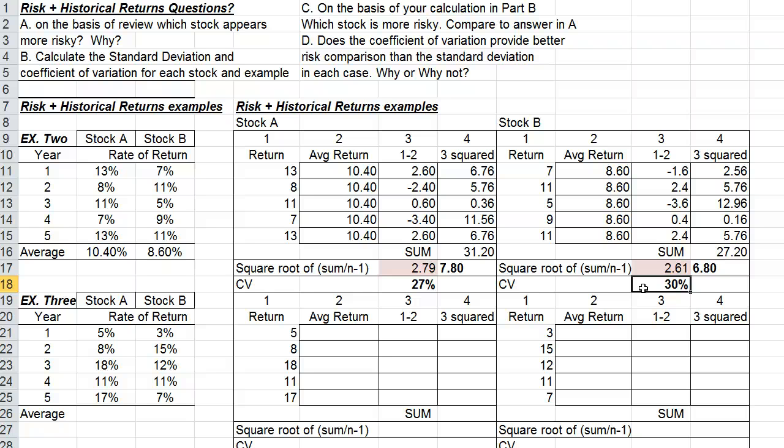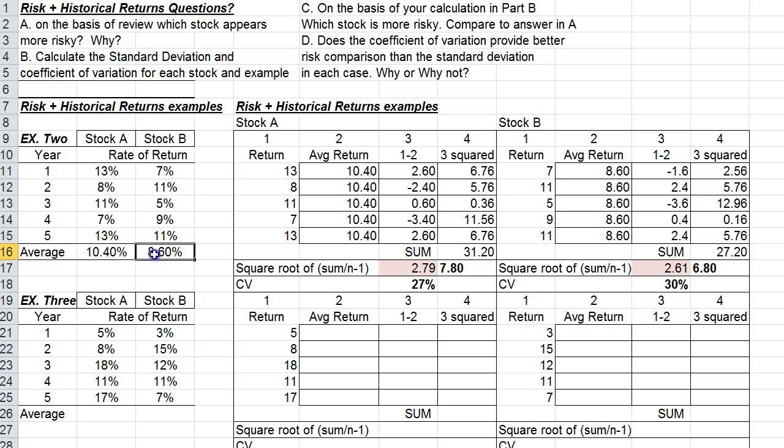So in this case, stock B is riskier based on the fact that the coefficient of variation is going to smooth out the actual risk and give us a better look at it, because you have to think of it in these terms. Because the average return on A is higher, it makes the overall returns less risky because we're working from a higher return base.